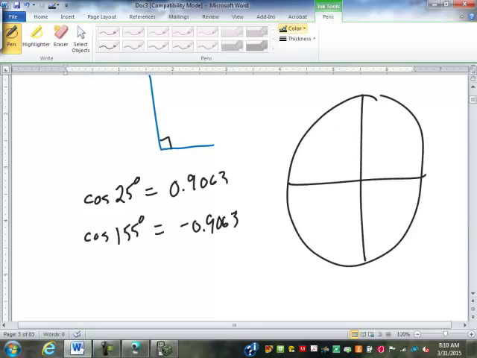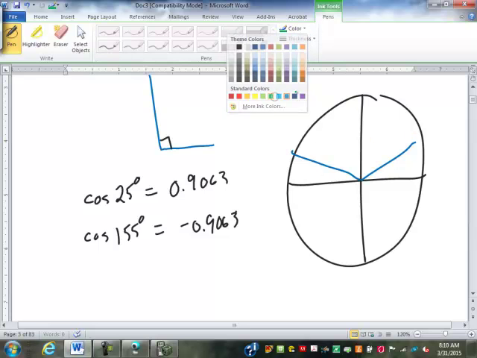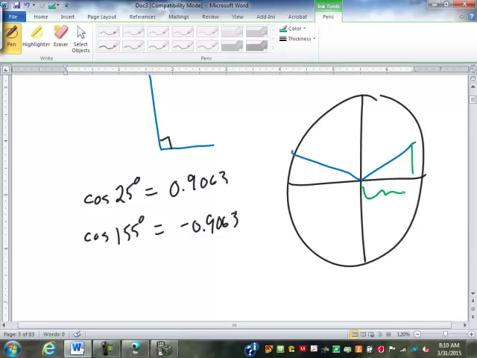So if we have our angles here, 25 and 155, same reference angle, but remember the cosine is this dimension. For the 25 degrees, that's the positive side. For the 155, that's on the negative side. So for cosine, the supplements have different cosines. Well, they're the same cosine, just one's positive and one's negative. Yes, your calculator will do the negative.